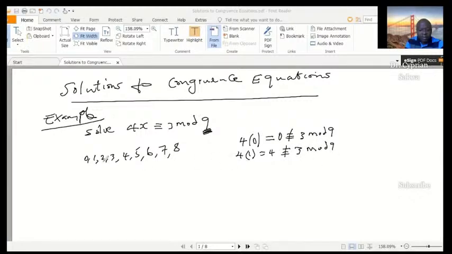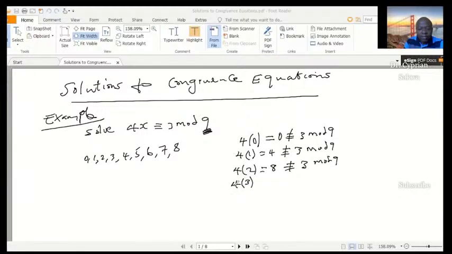What about 2? Because we have a very small modulus, we can try all the values. 2 times 4 will be 8. And 8 is not congruent to 3 mod 9. What about 3?